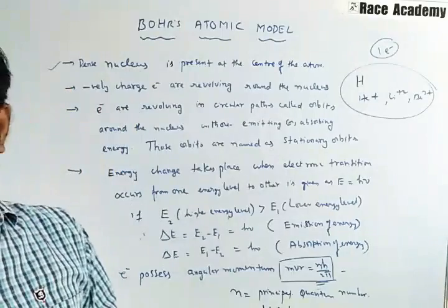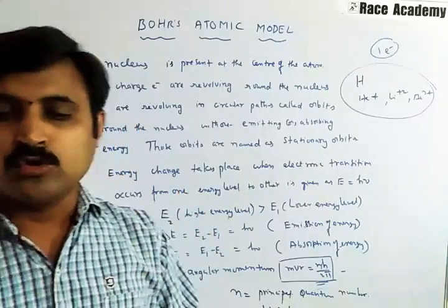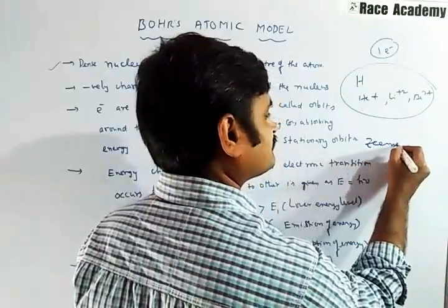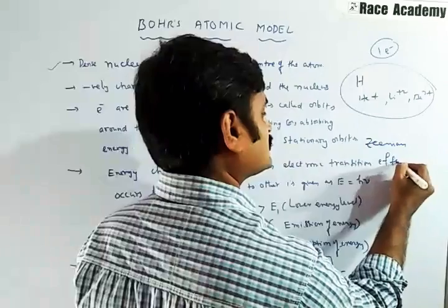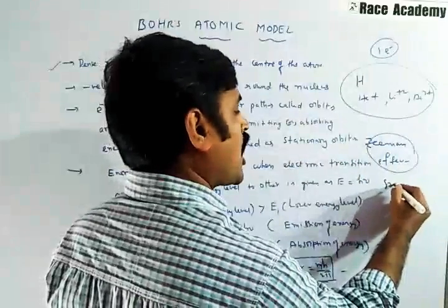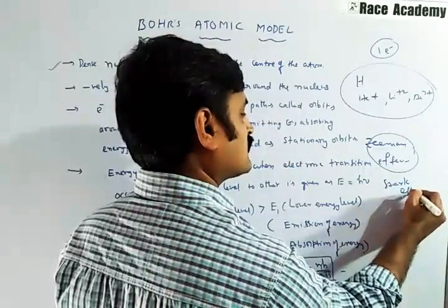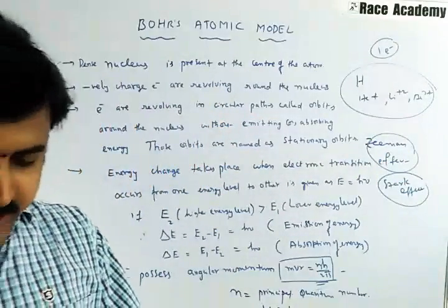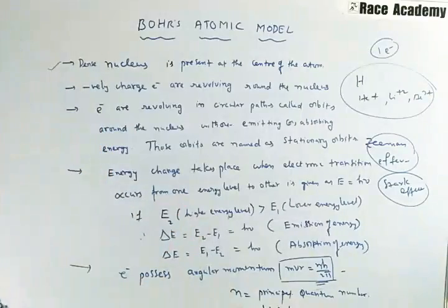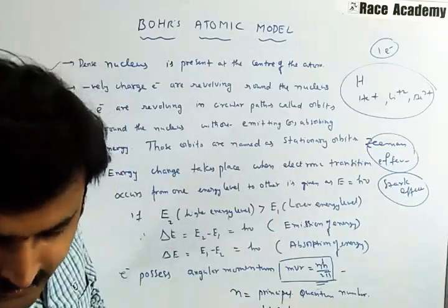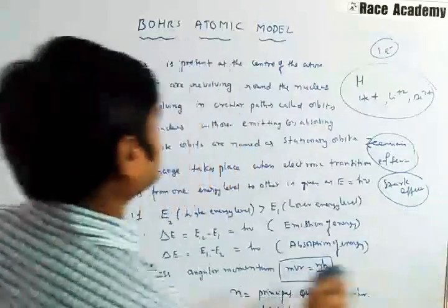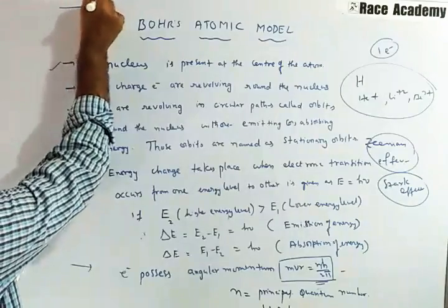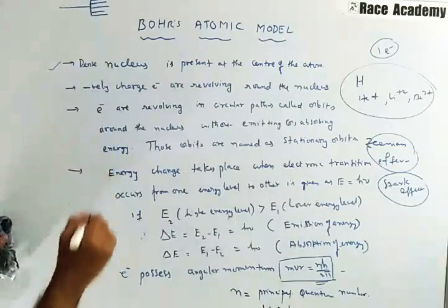Moving on to another one, Bohr's atomic model failed to explain the two things called the Zeeman effect and the Stark effect. What do the Zeeman effect and Stark effect mean? After the formation of spectral lines from Bohr's hydrogen spectra theory, each spectral line is said to be split into different fine lines.